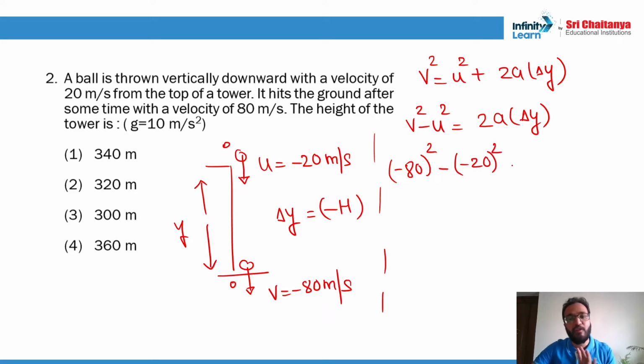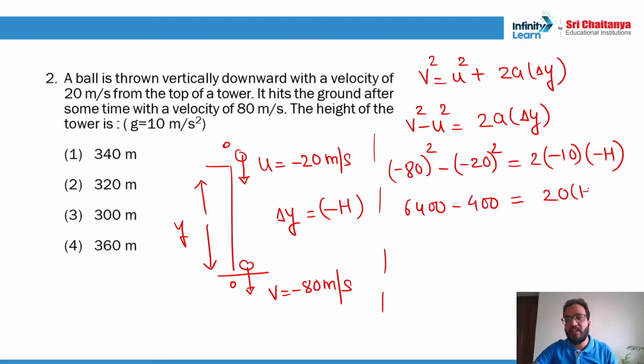A is what? Minus g, that is minus 10 into minus h. Proper signs we will put. So it will be 6400 minus 400 is equal to 20 into h. So it will be 6000 by 20. I suppose it is 300 meters, so third option must be correct.